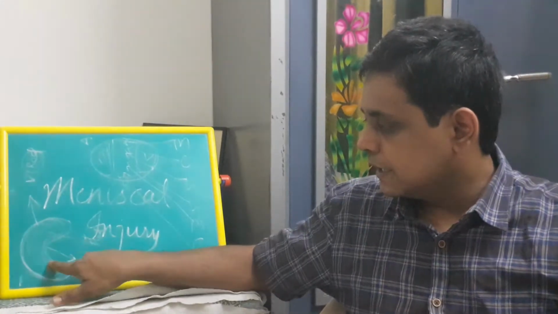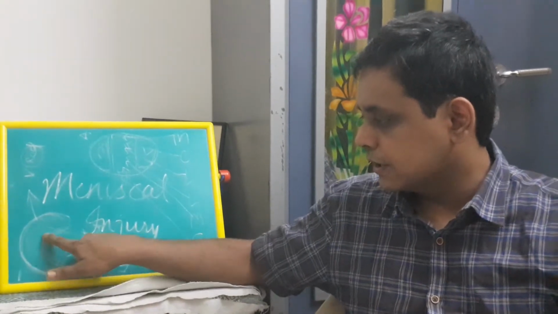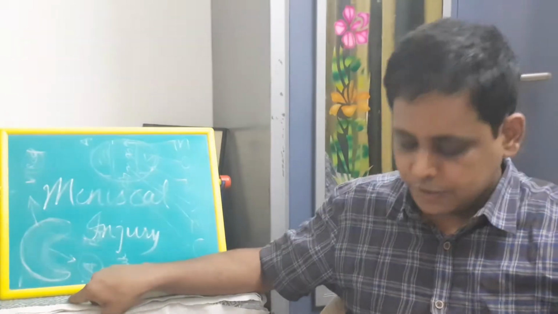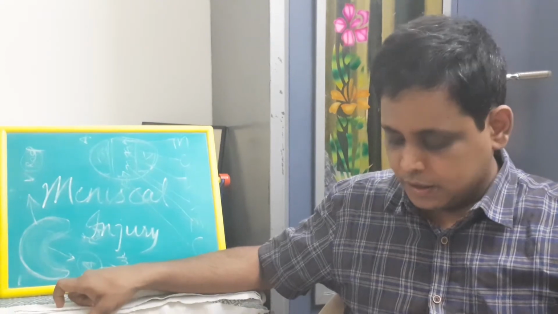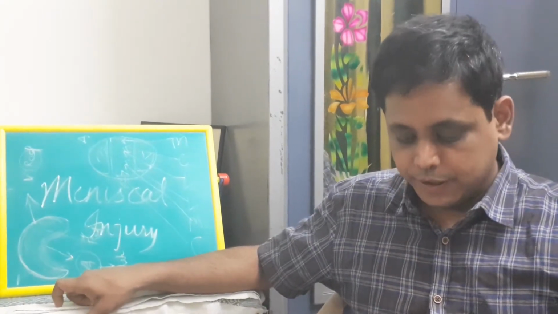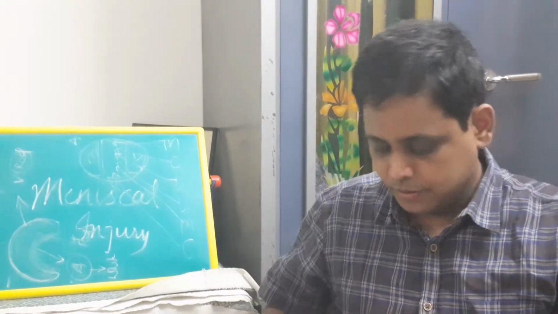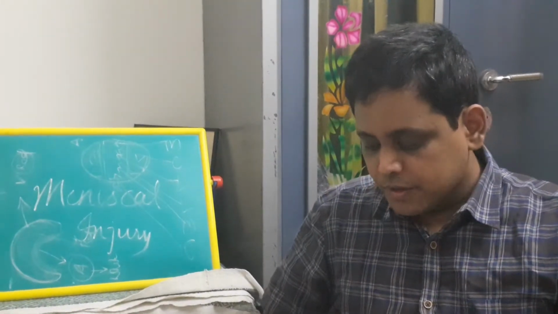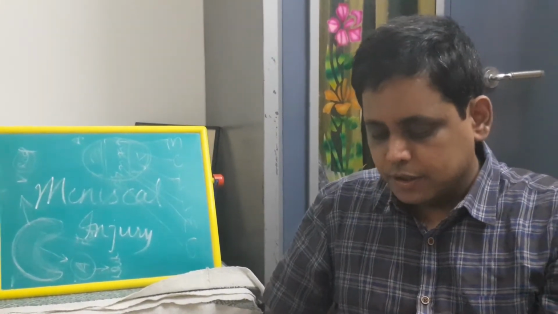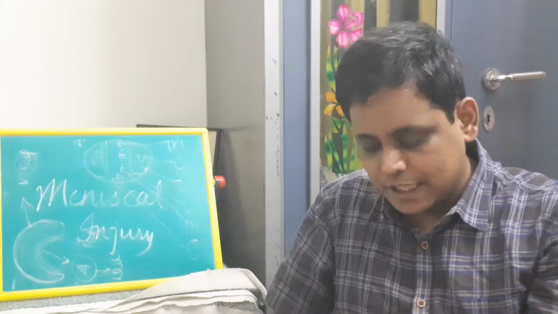Whereas any tear in the innermost aspect or the inner margin, which is the white zone, has to be treated with meniscectomy because it's not going to heal. It's an avascular zone. Just remember that. So that's with regard to the anatomy of the menisci.